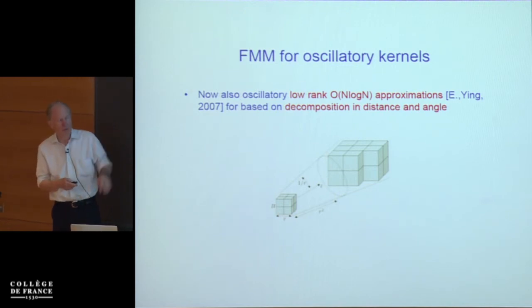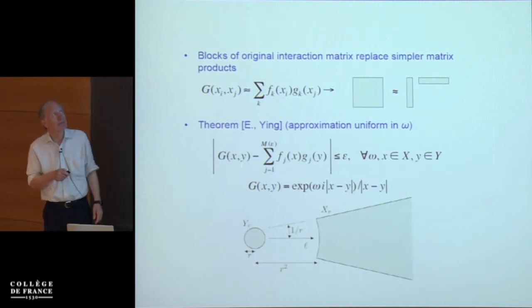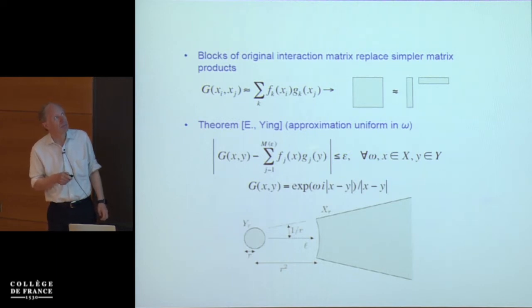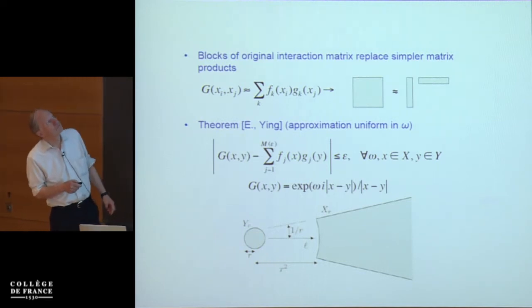And the question is, can one turn this into an algorithm, and can one turn this into an understanding of why it works? So we proved a theorem of the simple type that the Green's function can be represented in this way as a product of functions depending only on particles or points or quadrature points in one domain, multiplied with the ones in another, and you do a sum of that over here.